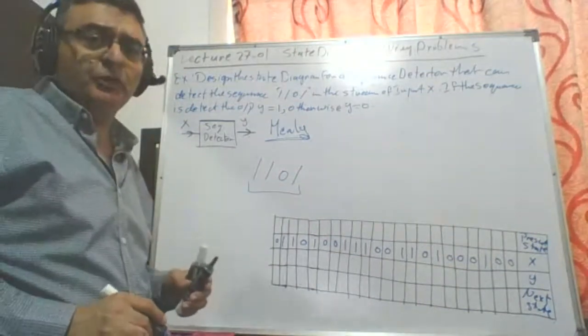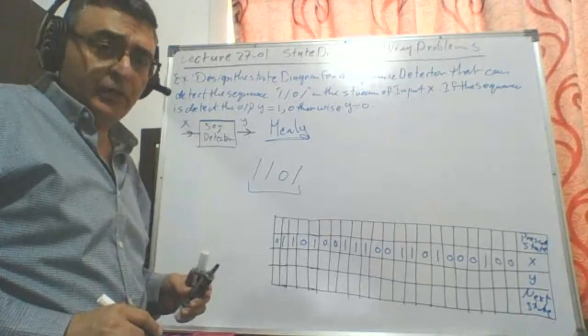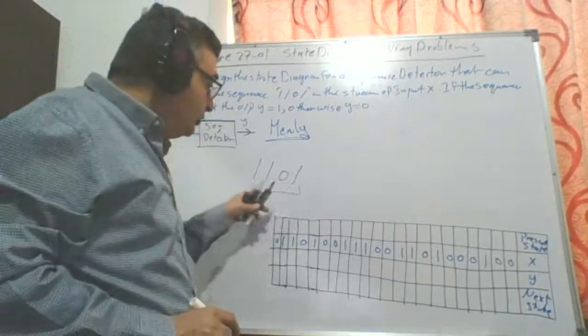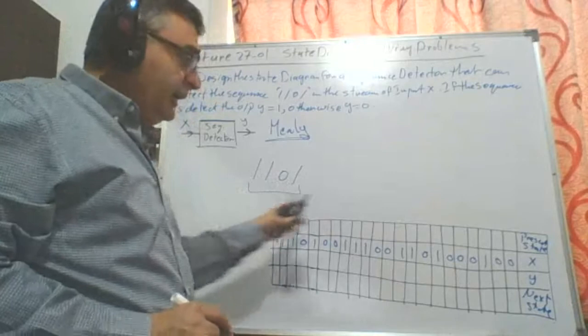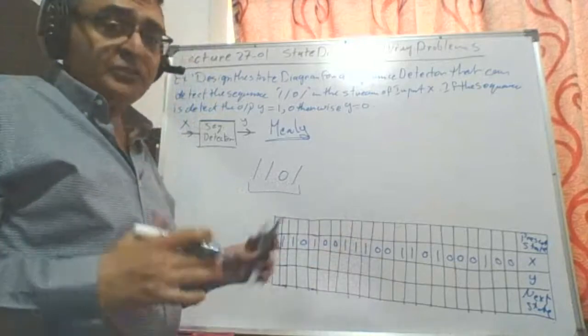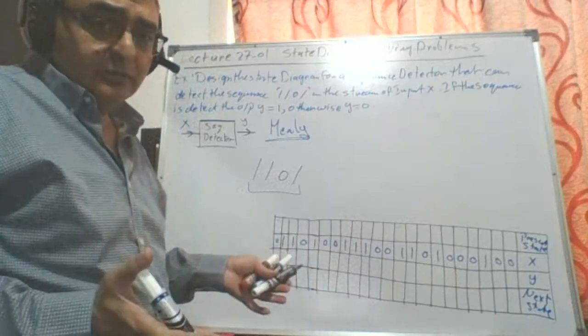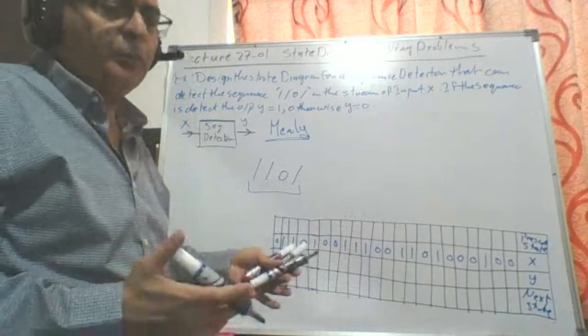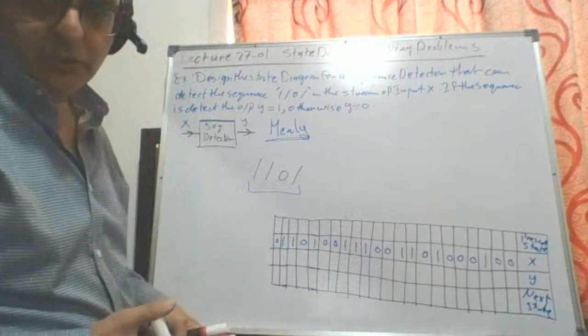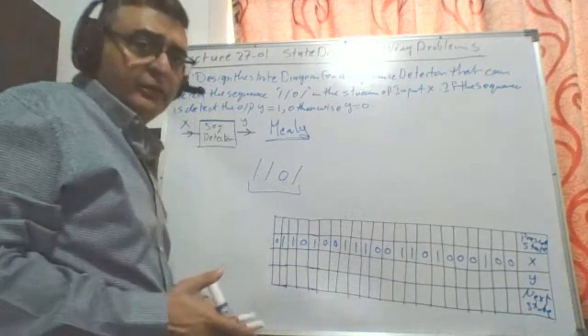This is the sequence that I'm looking for. Agree? So whenever you encounter this sequence, the output should be 1. If the sequence is not detected, the output will be 0. So let us go and check that.